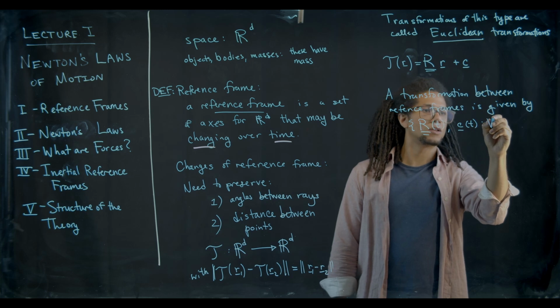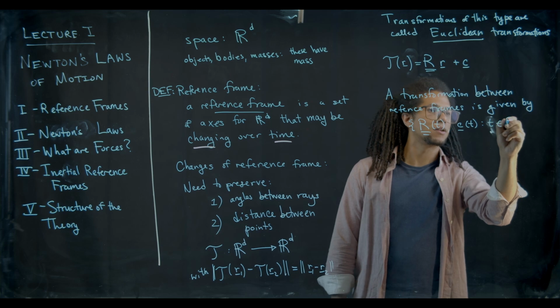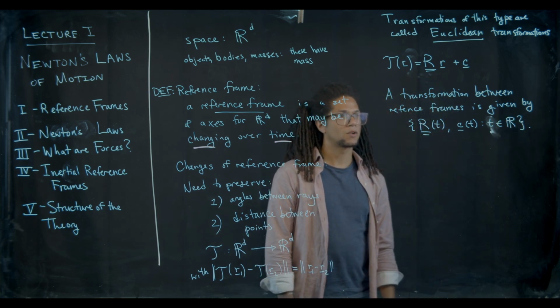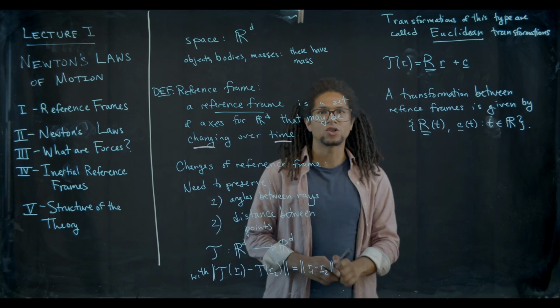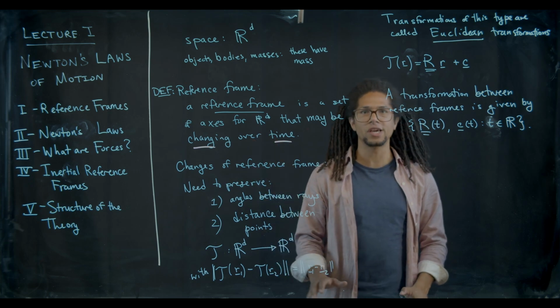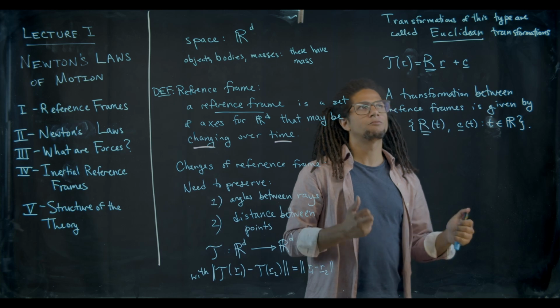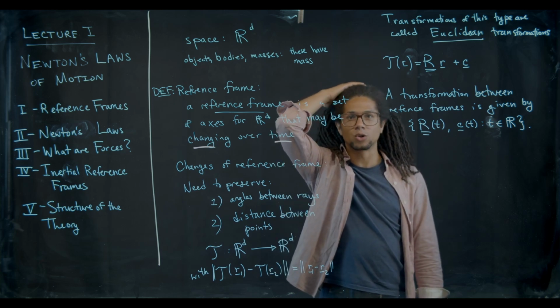So for all t in the reals. Great. All right. So now we've just formalized exactly what was over here with this little bit of extra mathematical machinery that allows us to say what these transformations are allowed to look like.